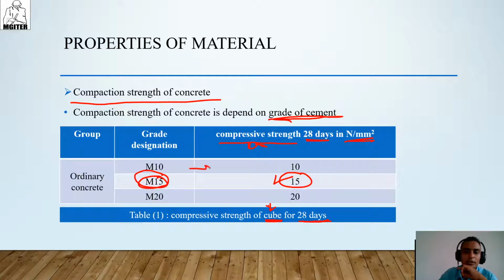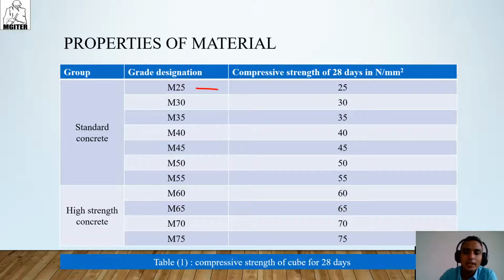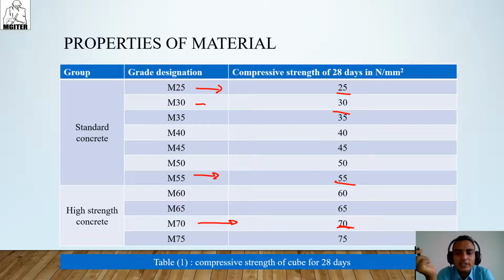Same thing here. M10 has 10, M20 has 20 compressive strength, M25 has 25, M30 has 30, M55 has 55, M70 has 70 compressive strength. Write down all the details. If you remember all the things, you will recognize easily.